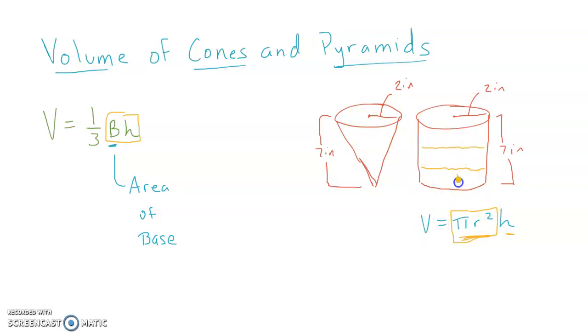So I would need 1 cone, 2 cones, 3 cones to fill that up. In other words, the volume of this cone is 1/3 that of this cylinder. So if you look at our formula, area of the base times the height, it's the same thing here, but since the cone is 1/3 that of the cylinder, I'm going to throw a 1/3 into there.